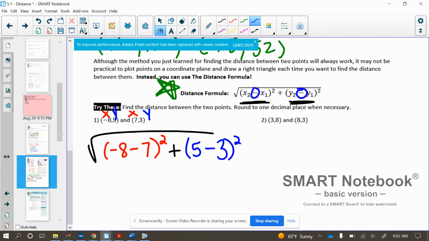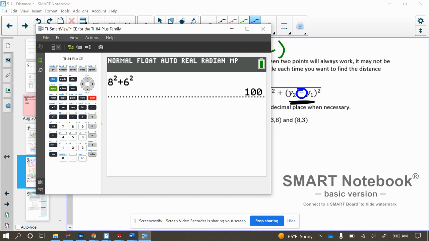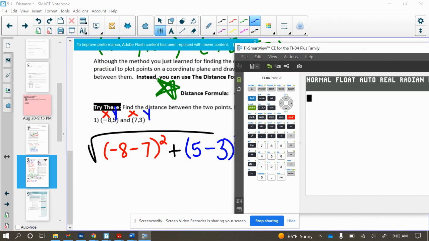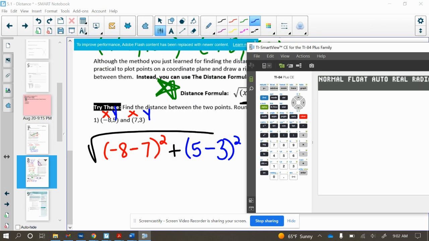Okay. Now, how do we type this in the calculator? Okay, 2 steps, please. Type the stuff underneath the radical first. So parentheses, -8 minus 7, close your parentheses, squared, plus 5 minus 3, close your parentheses, squared, hit enter.